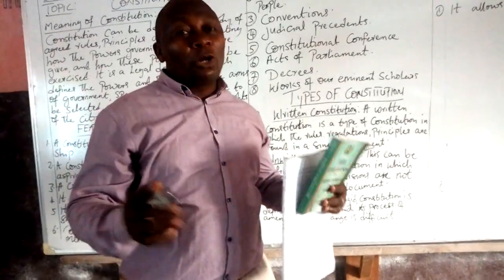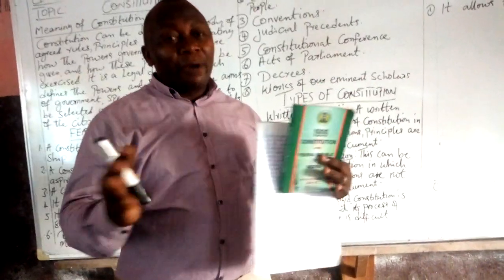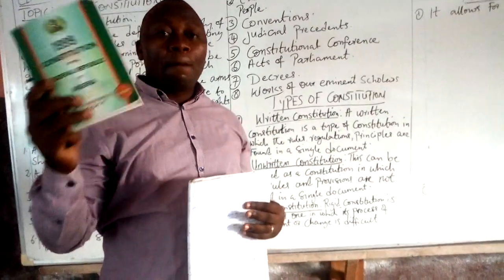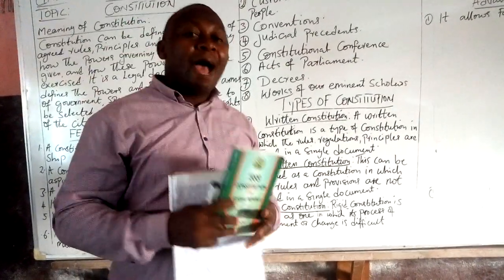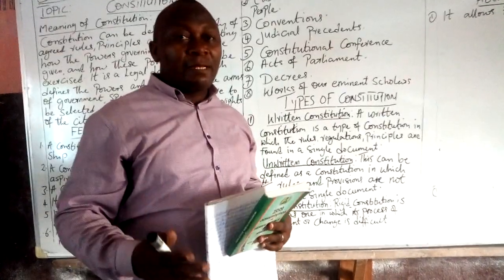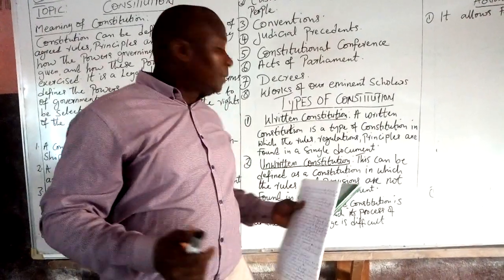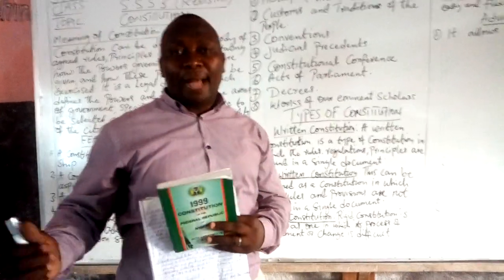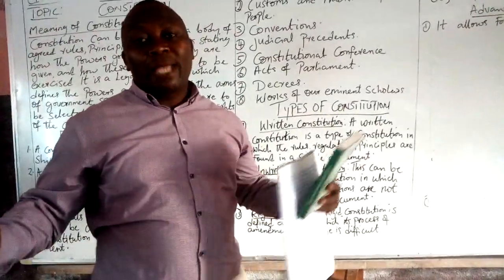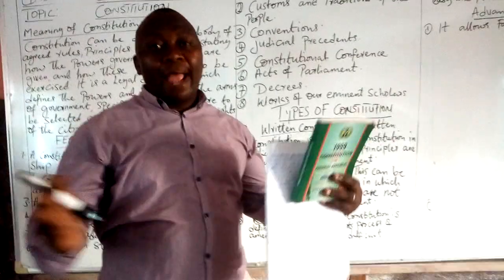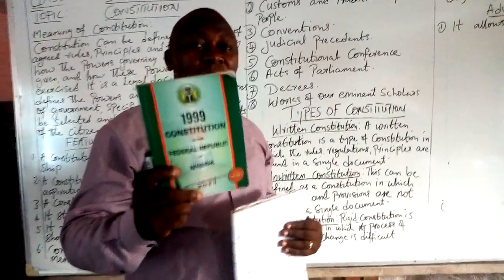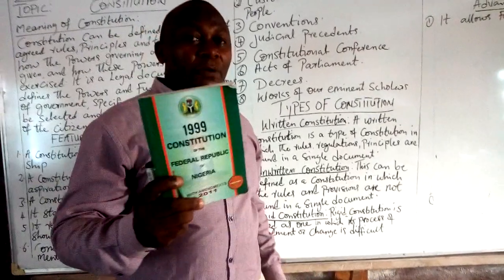There might be, but it is not compiled in a single document, just like the Nigerian one, which is compiled in a single document. They might have it in parts, like Great Britain. They have adopted an unwritten constitution, but they have some of their constitution written in parts. But it is not combined together to form a single document like in other countries that make use of the written constitution.